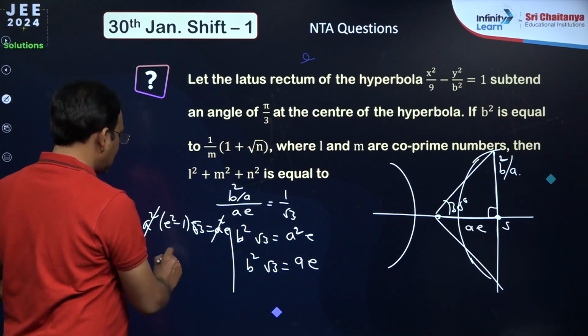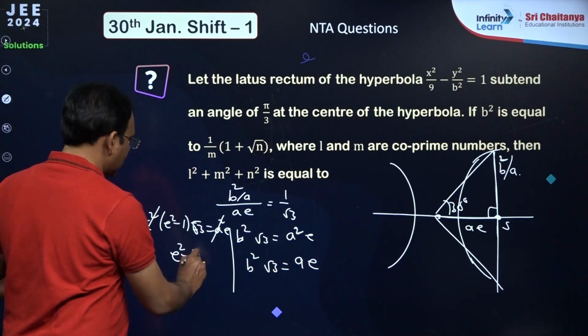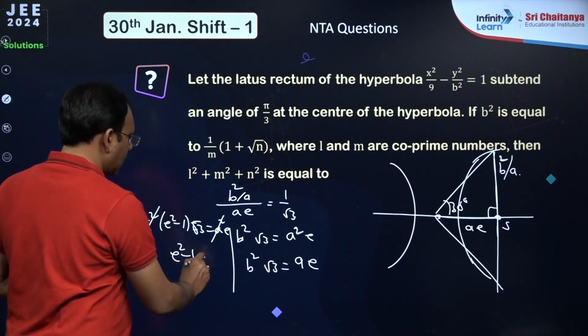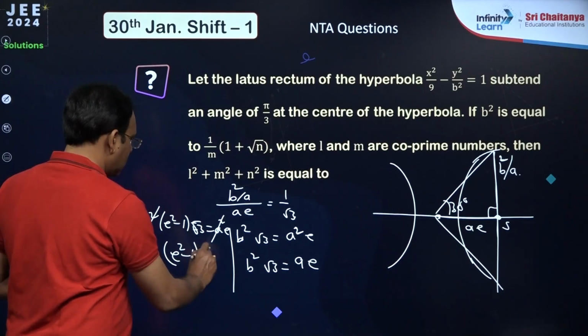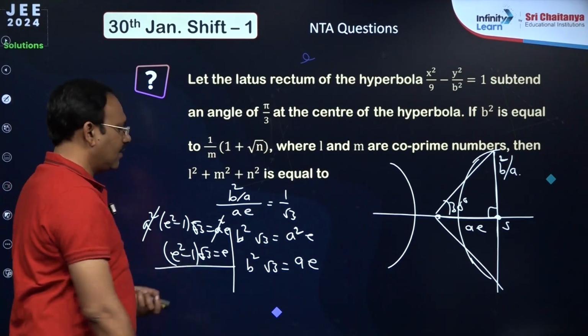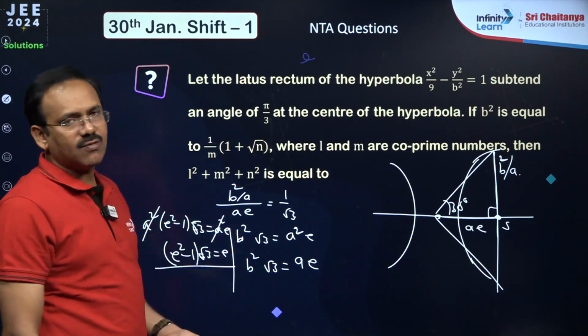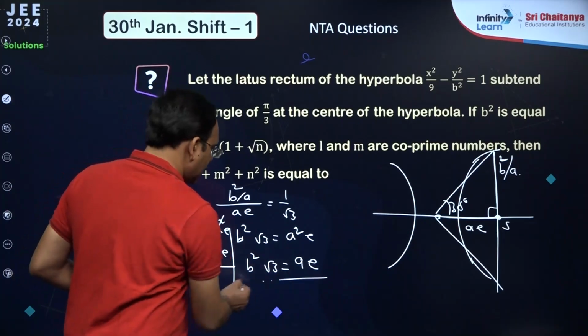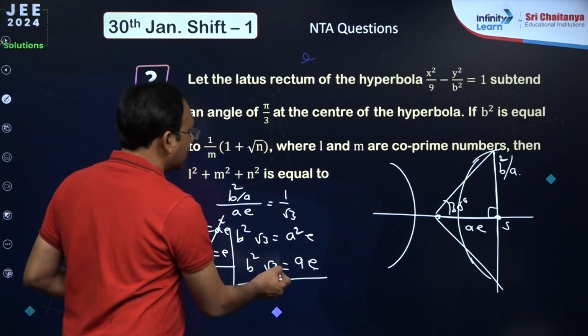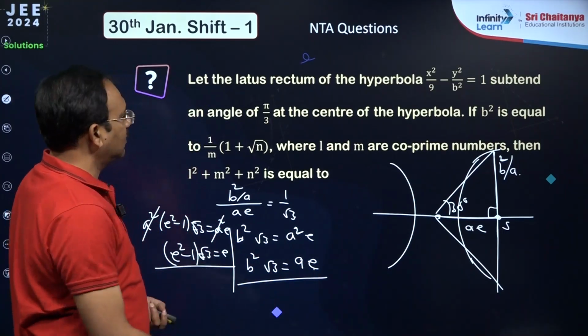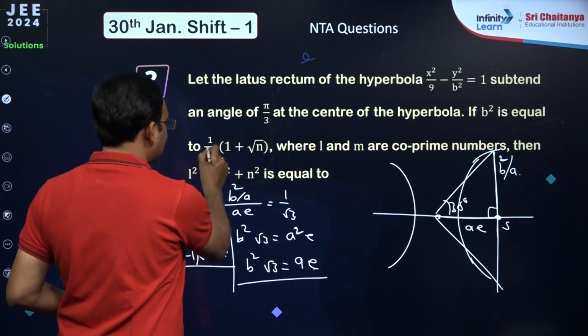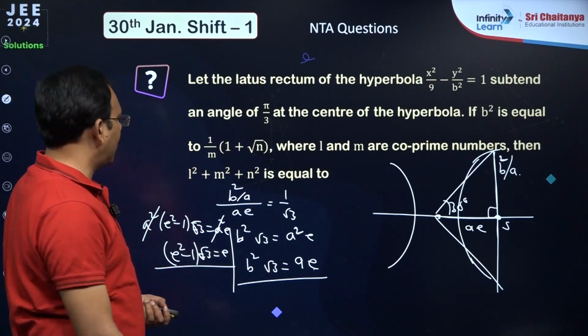You can cancel this. From this you will get e square minus 1 into root 3 is equal to e, from which you can find the e value, and from that you can also find b square value, because once you know e value you will get b square. You can just compute, my dear friends.